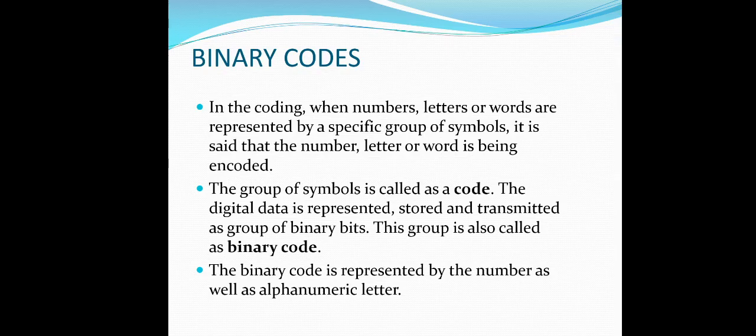In coding, when numbers, letters, or words are represented by a specific group of symbols, it is said that the number, letter, or word is being encoded. The group of symbols is called a code. Digital data is represented, stored, and transmitted as a group of binary bits.